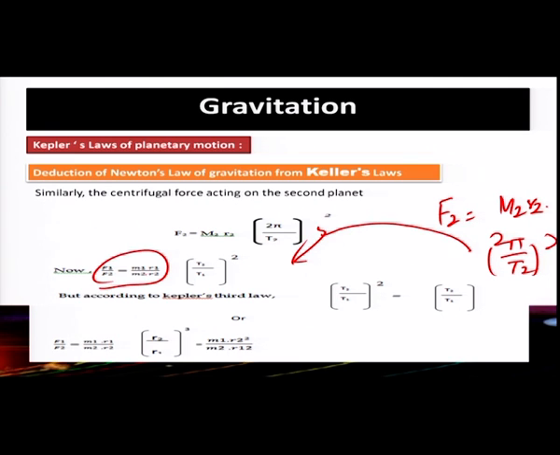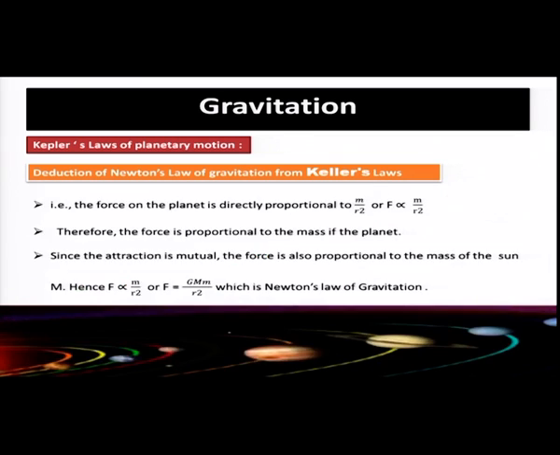So, F1 by F2 is equal to m1 r1 by m2 r2 into T2 by T1 the whole squared. But according to Kepler's third law, we can write F1 by F2 is equal to m1 by m2 into r1 by r2 into r2 by r1 the whole cube, which can be written as m1 by m2 into r2 by r1 the whole squared.